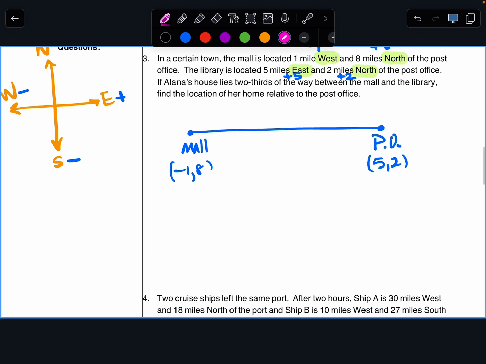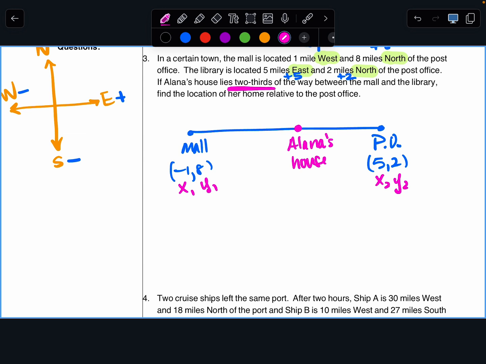So now that I've done that, here's x1, y1, x2, y2, and I want Alana's house, which is 2/3 of the way. Now, you don't have to label your lines like that, but that line to me makes sense.